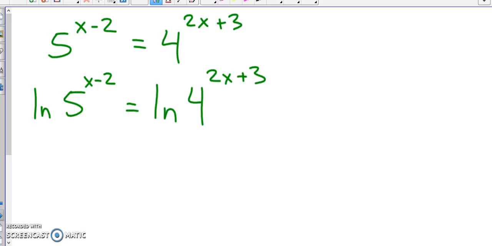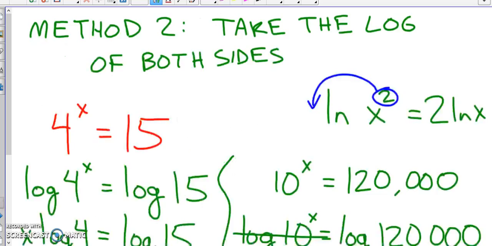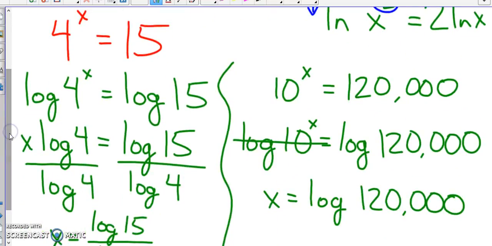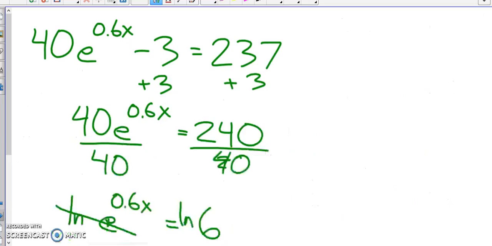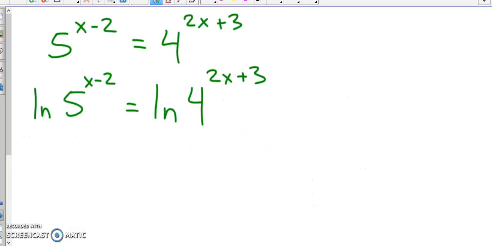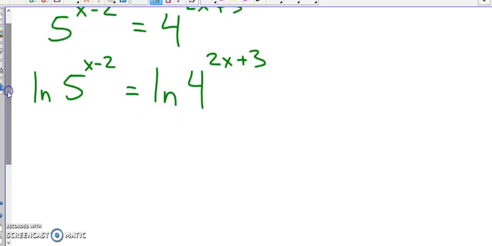All right, so if those don't directly cancel, there's another huge reason why you take the log of both sides. If you recall, it's the exact same thing we did right here to get from this step to this step. How did that work? Yeah, you bring the exponent to the front. Now notice I'm going to have to use some parentheses here.